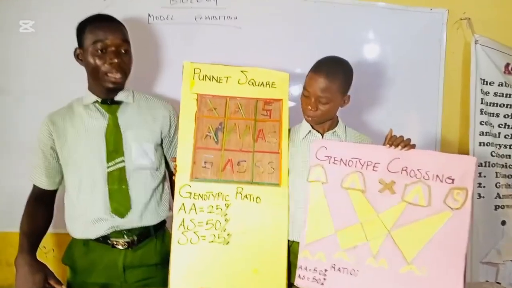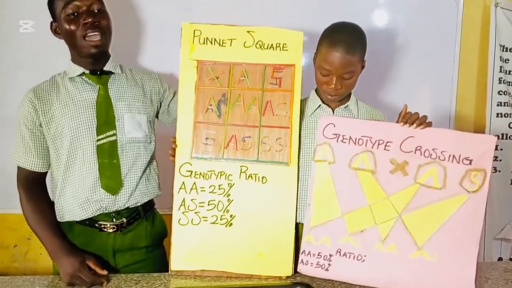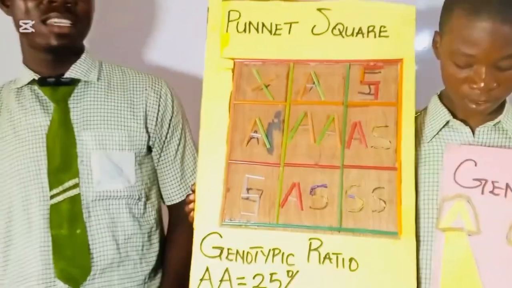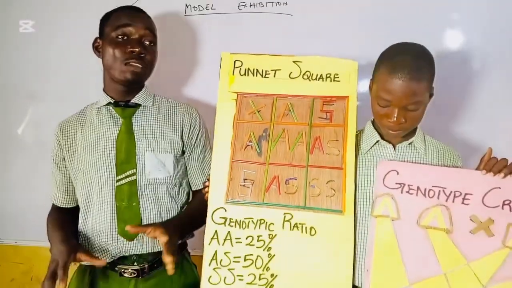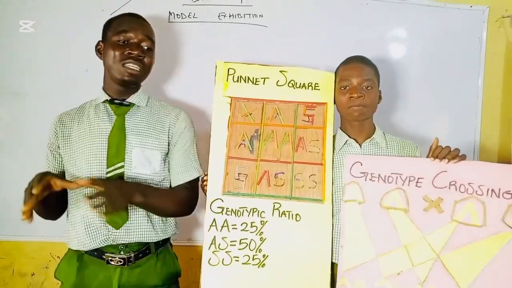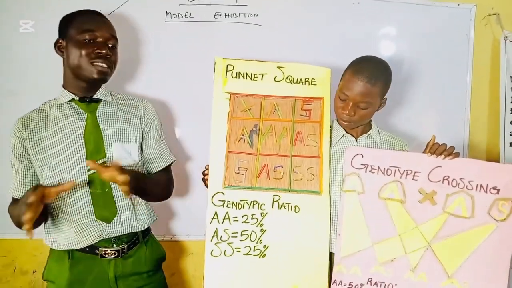I'm here to present genotypes, and we have three types of genotypes: the AA, the AS, and the SS. The AA is a healthy individual, while the AS is a healthy individual that is carrying the trait of a sick person.